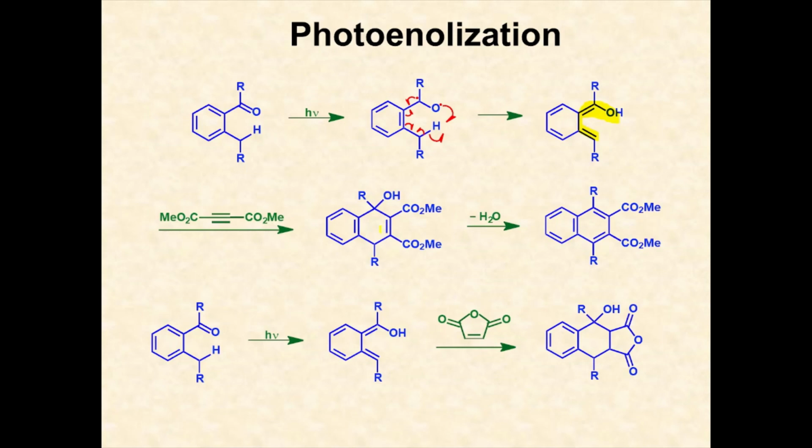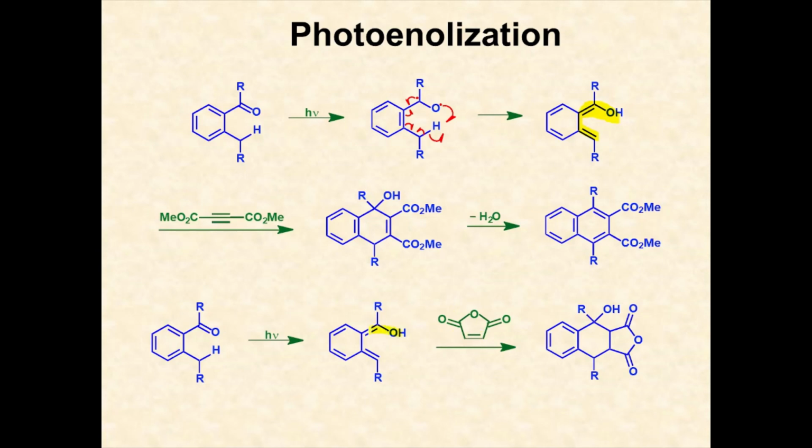Followed by a dehydration process leading to aromatization, we eventually end up with a highly substituted naphthalene derivative. So this is a very good example of a photoenolization reaction. There is another example, where you can change the dienophile from the very linear dimethyl acetylene dicarboxylate to the cyclic maleic anhydride.